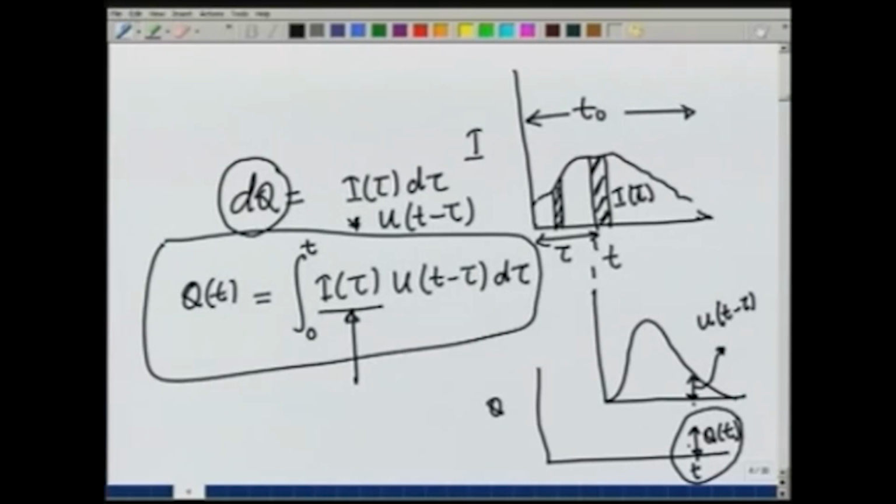So, every time we take a strip, I tau d tau will be the depth of rainfall, and u t minus tau would tell us what would be the contribution at time t due to that rain occurring at time tau. So, t minus tau will be the ordinate which we have to consider for the IUH.